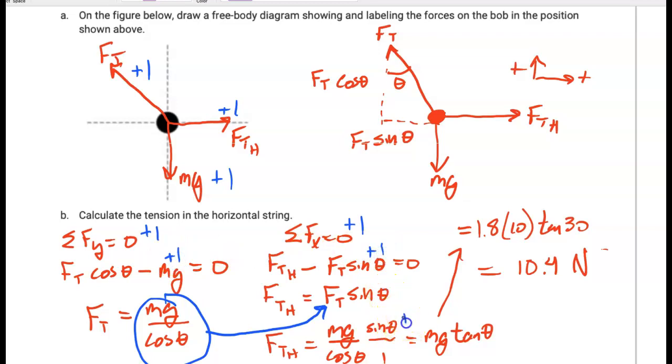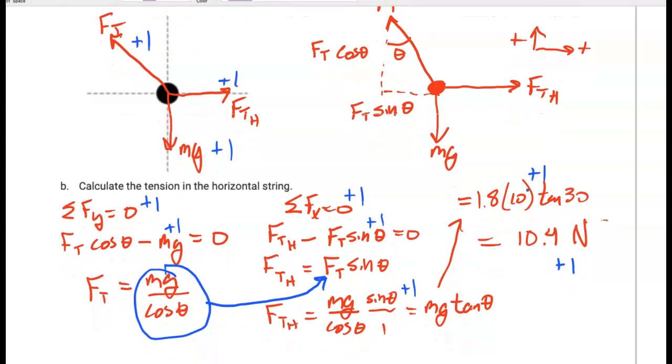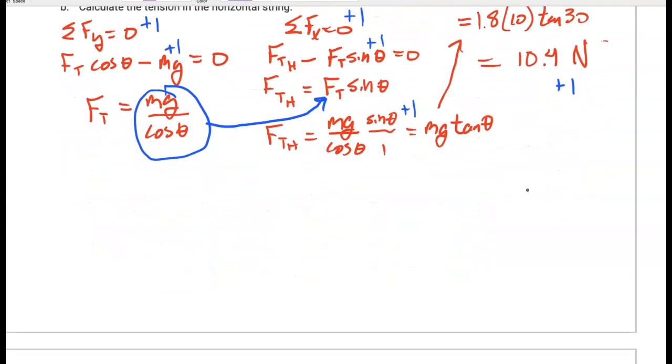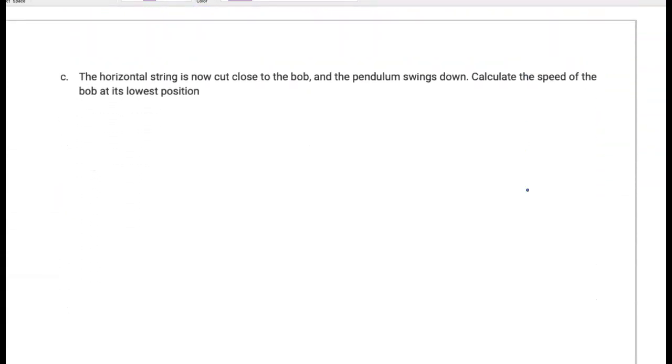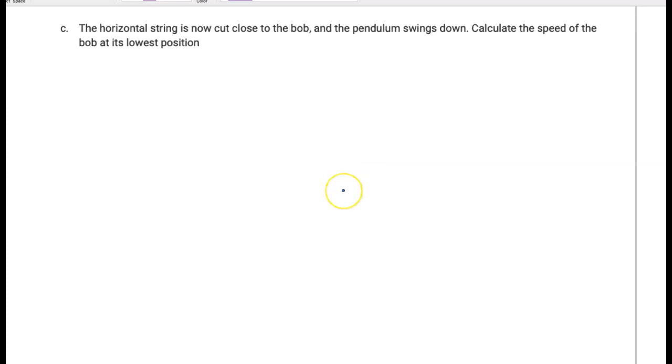You'd get a point for combining it, a point for plugging everything in, and a point for your answer with unit. So notice that this is 10 points altogether for just that first part. And that, I realize, is all forces, but remember, that'll be on your AP Physics 1 exam, so you got to know that.